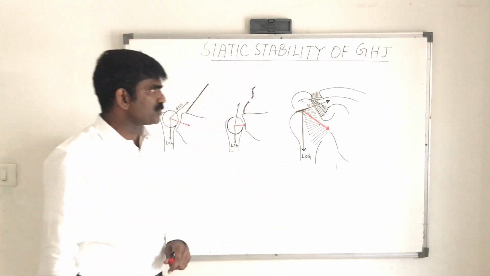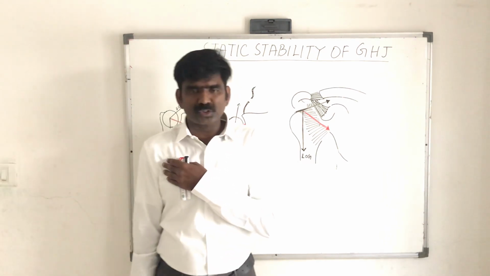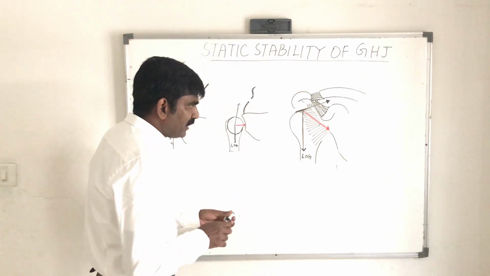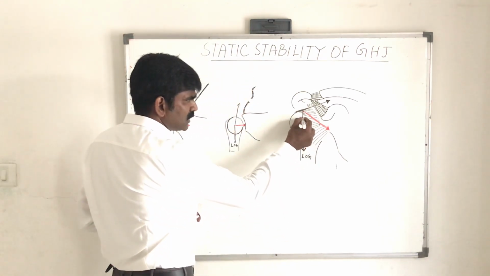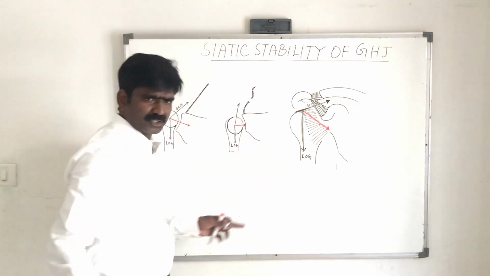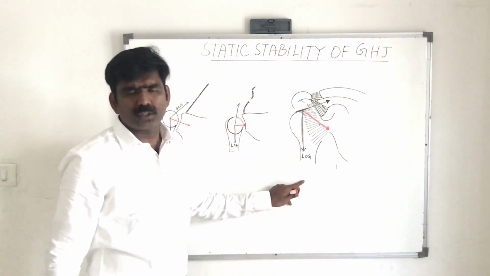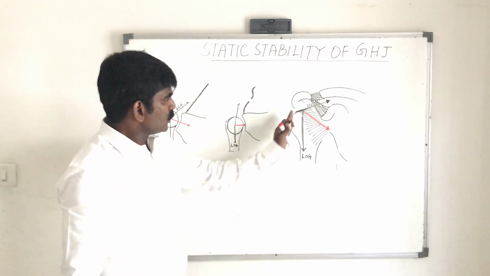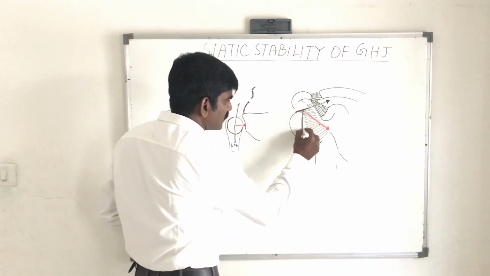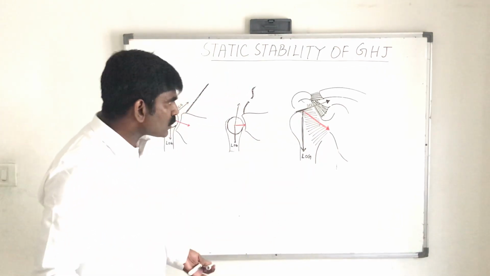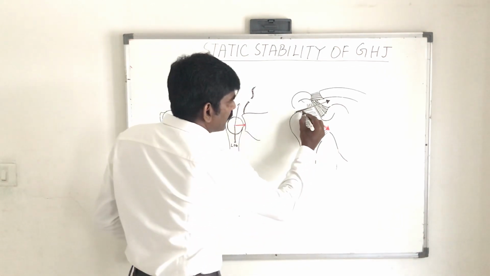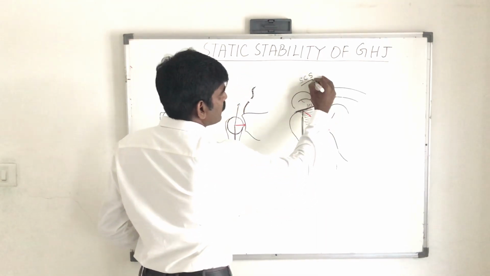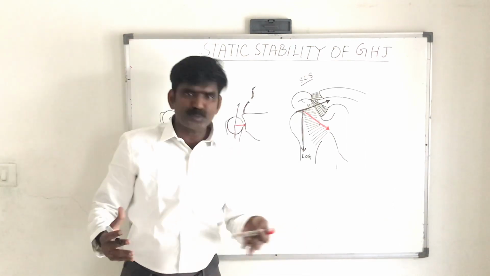So in the static dependent position of the upper extremity, the gravity of the humerus acts in the downward direction along the long axis of the humerus. Clear? So this is one force acting in this direction. Here I had written SCS, that is superior capsular structure.